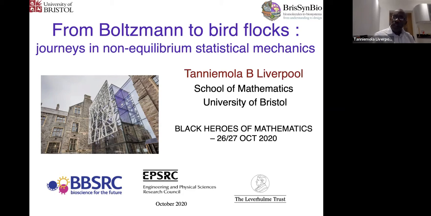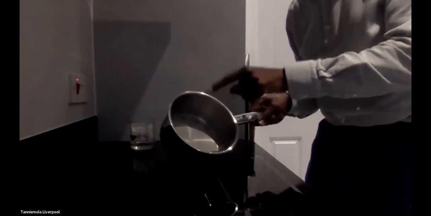Before we start, let me show you something. So this is a pot of boiling water, and hopefully you can see the steam rising from it.